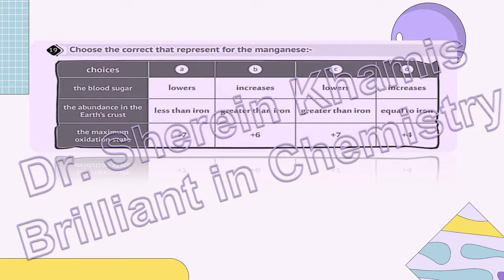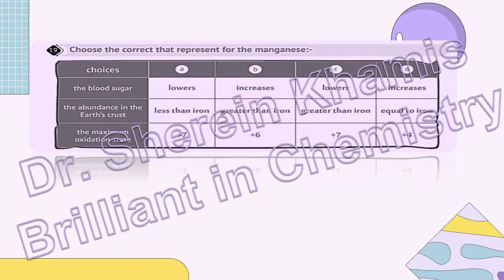We use it in the treatment of people that have high blood pressure, or high sugar, sorry, high sugar level, that it lowers the sugar level if it increases in the blood analysis.